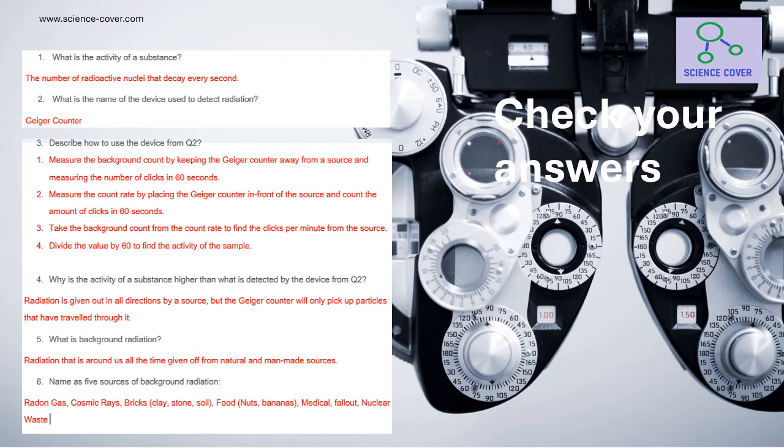Why is the activity of the sample higher than what is detected by the device? This is because radiation is given out in all directions by the source, but the Geiger counter will only pick up particles travelling through it and therefore in one direction. What is background radiation?